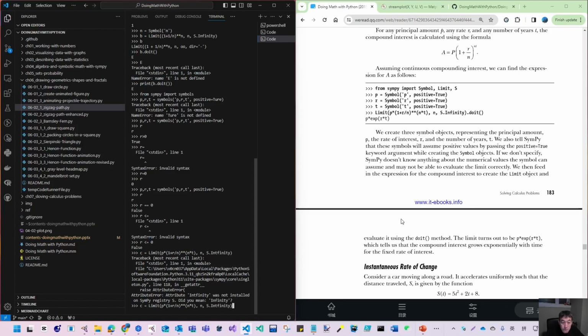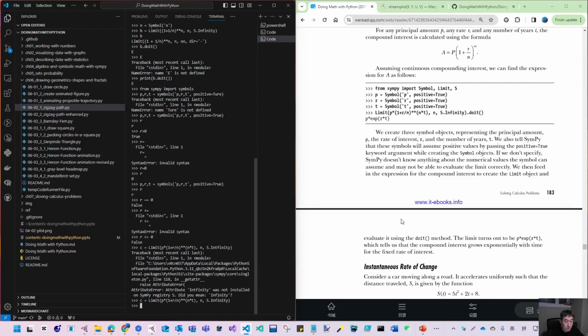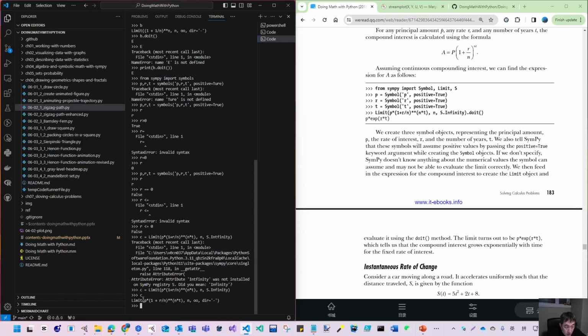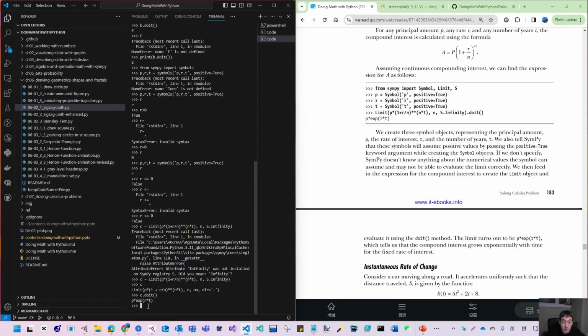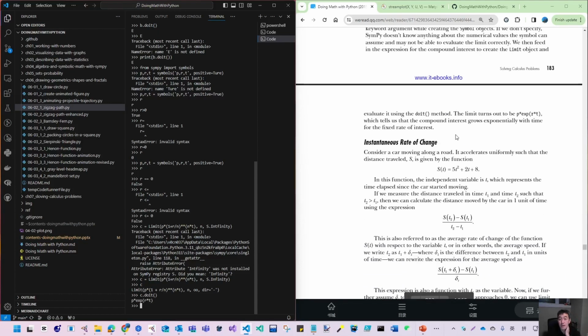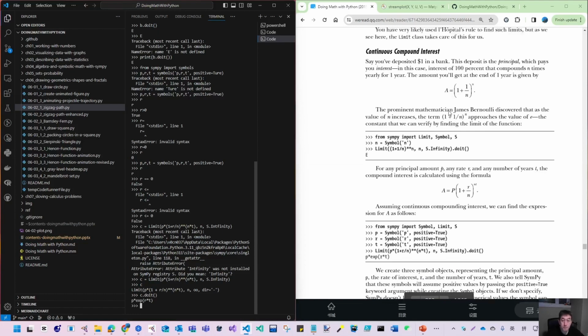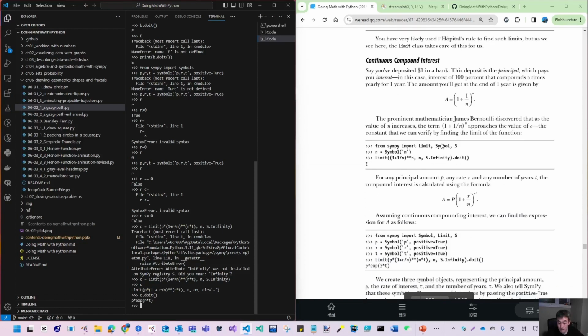I have the typo. So this is our expression and variable, approaching positive infinity from the negative direction. Then let's do C.doit. So we got P times exp(r times t). That is our continuous compound interest.